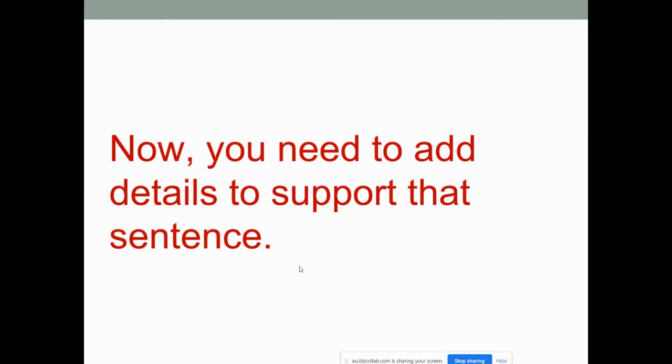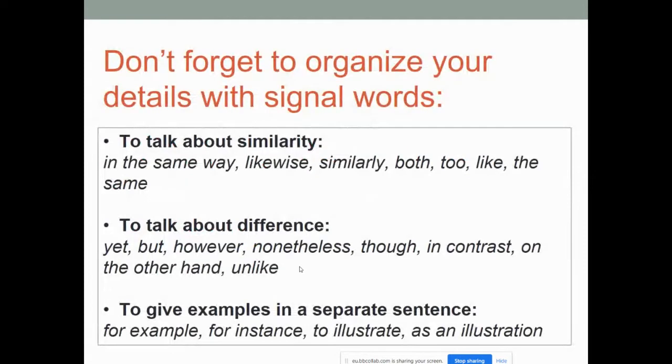Now let's go to add some supporting details. You have a supporting sentence, you need to add supporting details. So in supporting detail, this is the most important area you need to learn and you need to understand. For supporting detail, you can use the adjectives or the signal words that support similarity or that talk about differences.